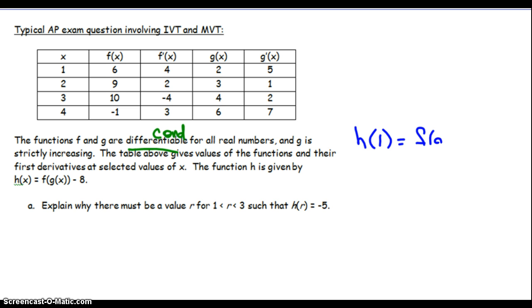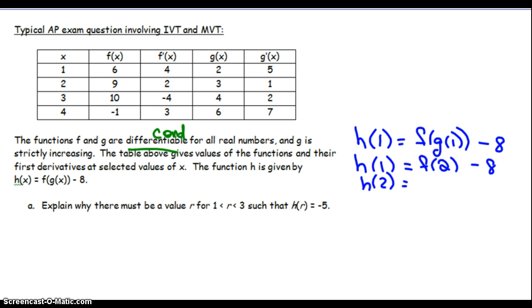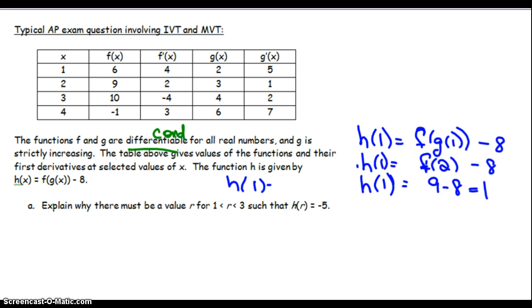So first thing we're going to need to do is find the two values. So I'm going to do f of g of 1 minus 8. Start with that one, h of 1. So g of 1 is 2. And then f of 2 is 9. So 9 minus 8 is 1. So h of 1 is 1.